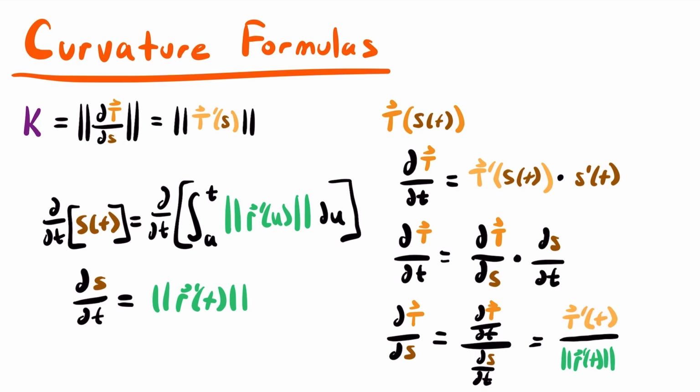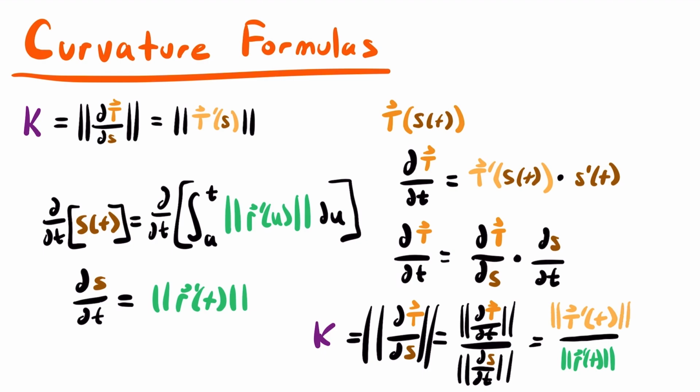All right, so to finalize this formula, kappa would be equal to the magnitude of that derivative. And so we take the magnitude of the numerator and denominator, which results in this formula right here. The magnitude of the derivative of the unit tangent vector with respect to t divided by the magnitude of the derivative of the original vector function.